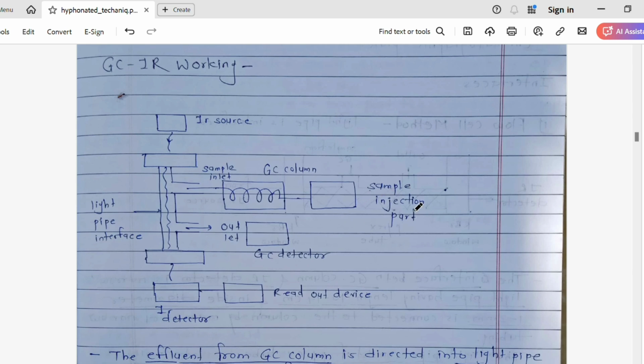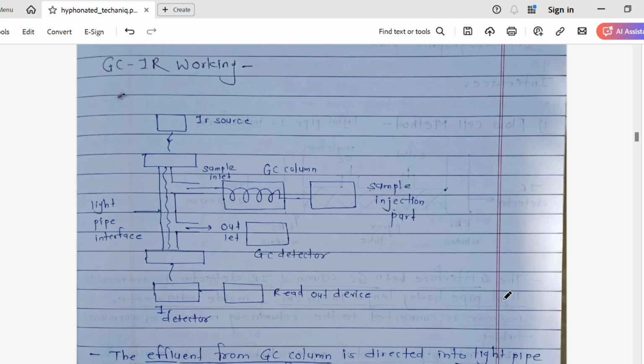So the instrumental diagram is here. The sample gets injected in the GC column, or the injection port of GC. The sample enters the GC column, and the carrier gas combines and interacts with the sample. Then the sample passes through the IR detector for detection, with the help of an interface; a light pipe interface or flow cell interface is used in this technique.